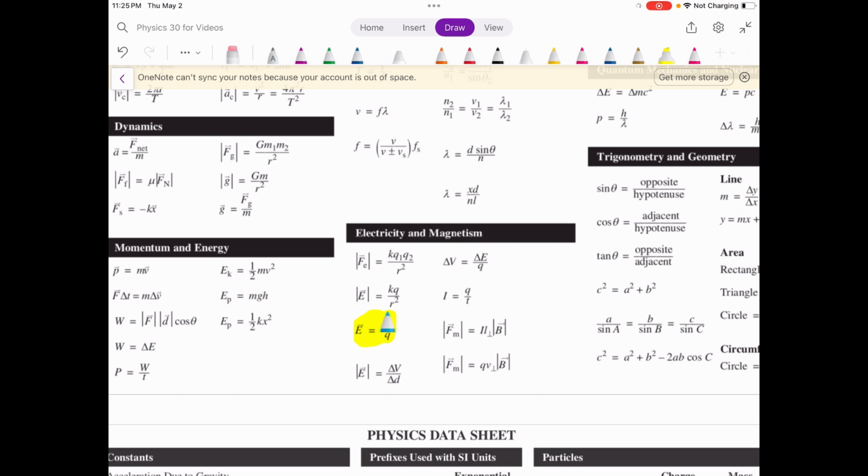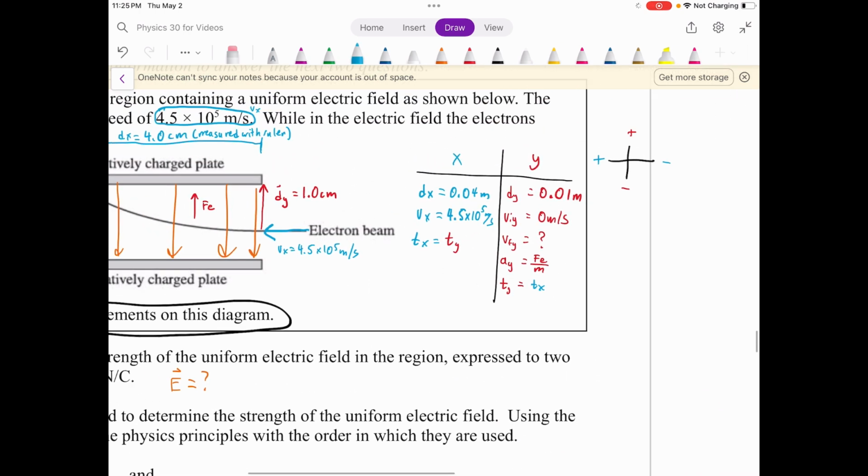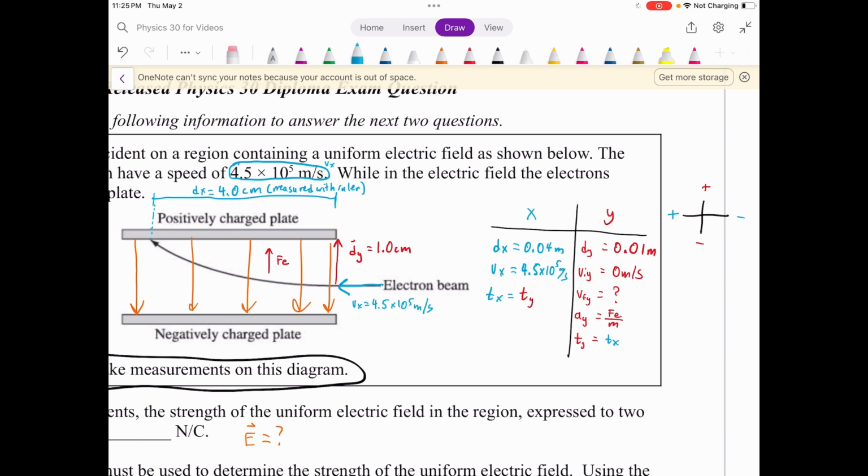So if we had the force acting on the electron, we would have the electric field. So we need to find the force acting on the electron. Well, we also know the mass of an electron. And so if we had the acceleration and the mass, we could find the electric force that's acting on the electron. And again, with the force, we could find the field.